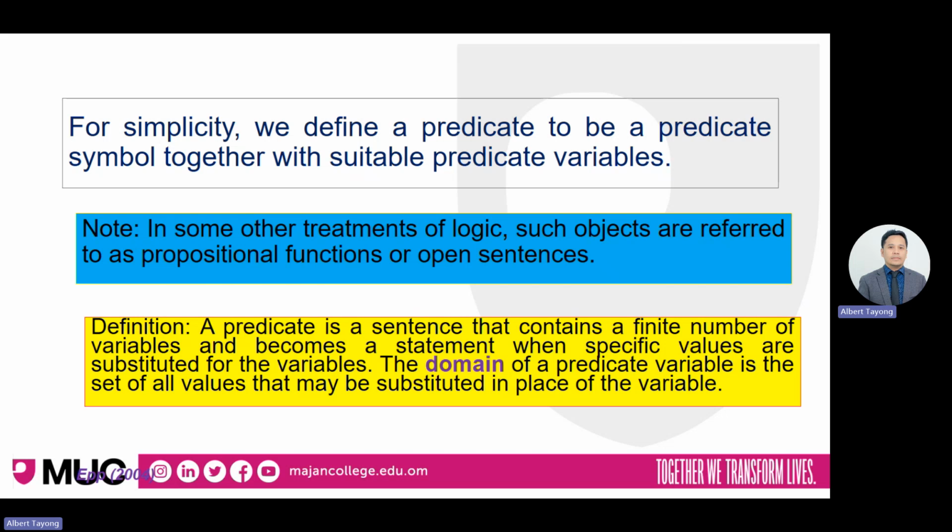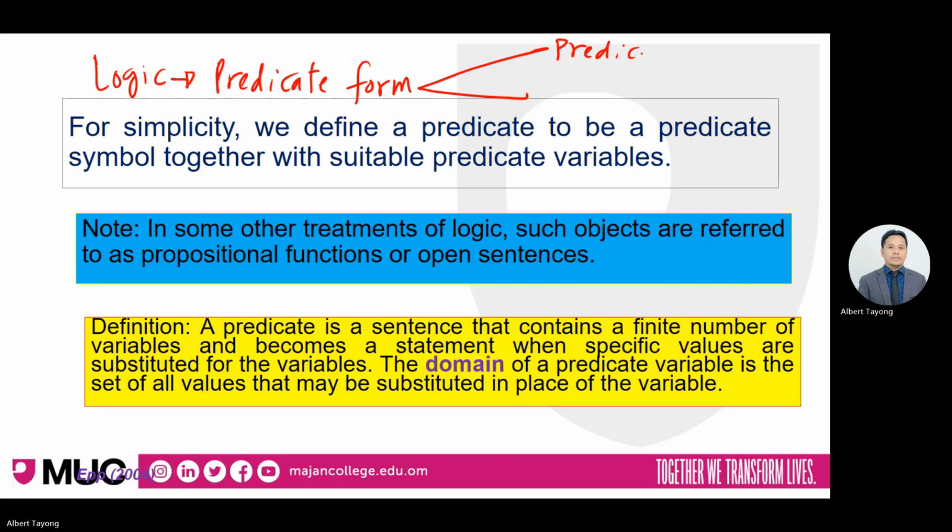So for simplicity, we define a predicate to be a predicate symbol together with suitable predicate variables. This is what I'm saying. In logic, when we write our predicate form, usually we have two things: predicate variable and the predicate symbol.